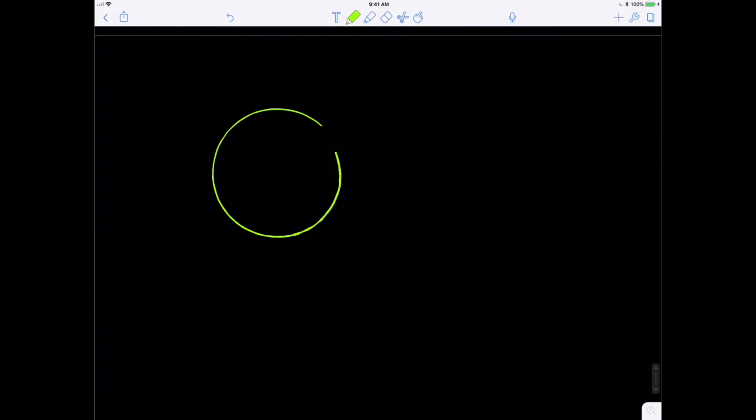Again, I've got my cup handy, and I'm going to place it about there, and I'm going to draw myself a circle. Remember, this is a plastic cup to write on the iPad, and that little swish, if I try to erase it, it erases my whole circle, so we'll just go with that.